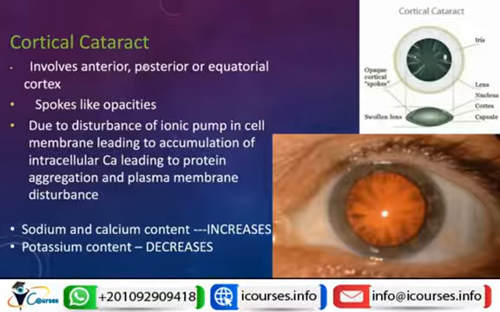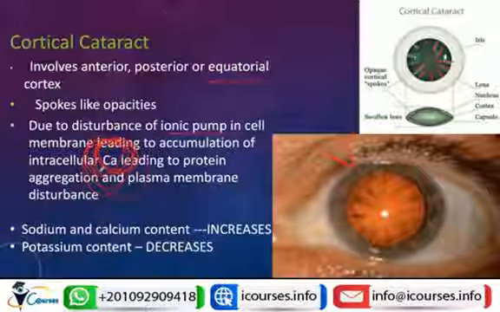The cortical cataract, which occurs in the anterior, posterior or equatorial cortex, appears as spokes. These are spokes of whitish opacities, usually present peripherally, as you can see here, which are usually due to disturbance of the ionic pump in the cell membrane, causing accumulation of calcium. So remember that cortical is calcium.